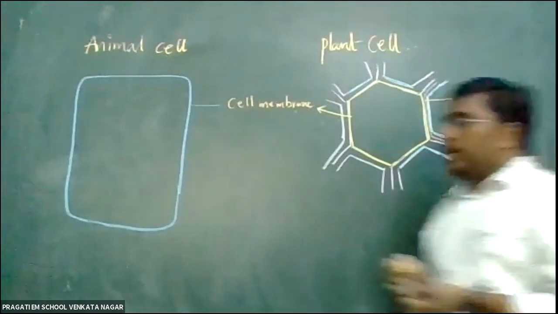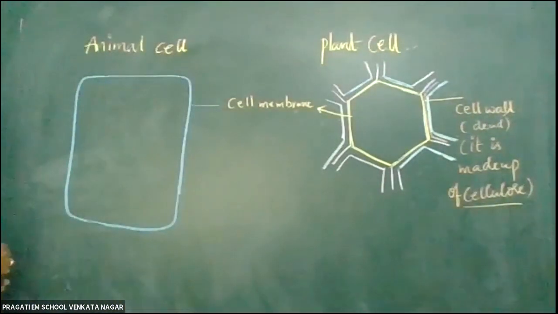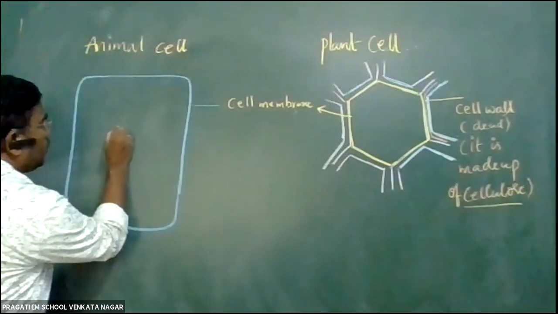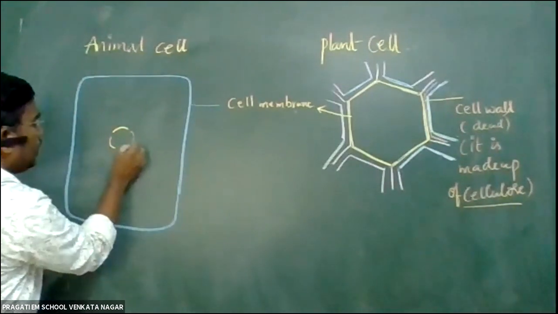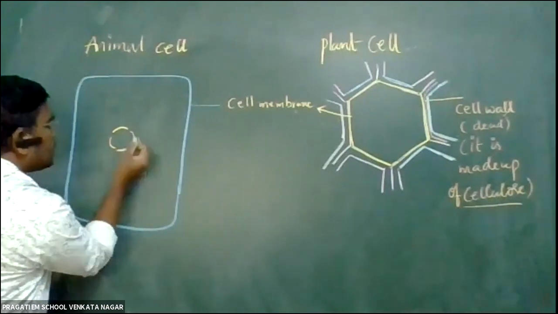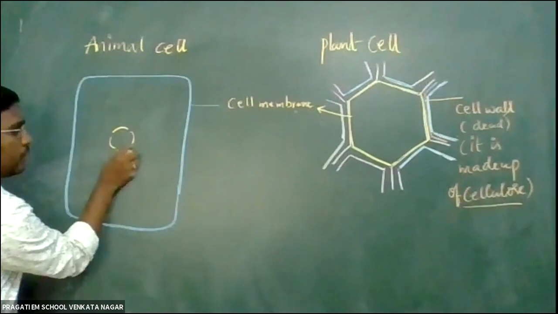Now, the next important component is the nucleus. Look at here, children. In the general structure of the animal and plant cell, the nucleus has some pores here.